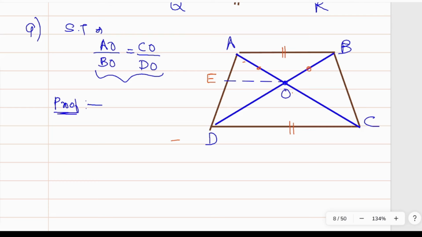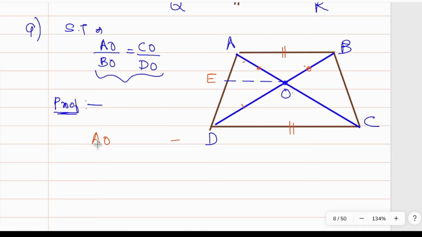So AO by OB. In this way they are asking us to prove, and this is OC and this is OD. So here I need to rearrange my equation. After looking at the equation, I felt it will be better if I rearrange this equation.